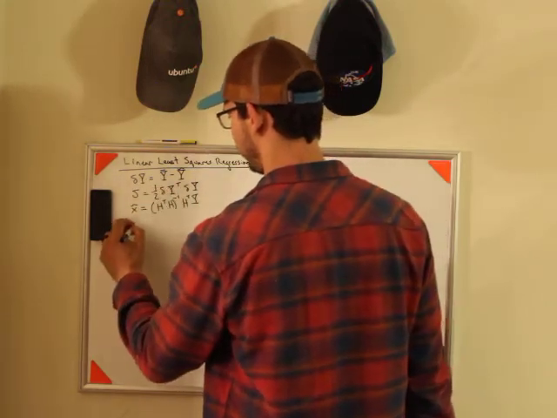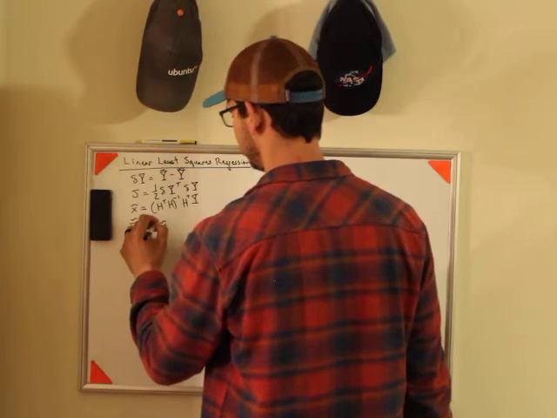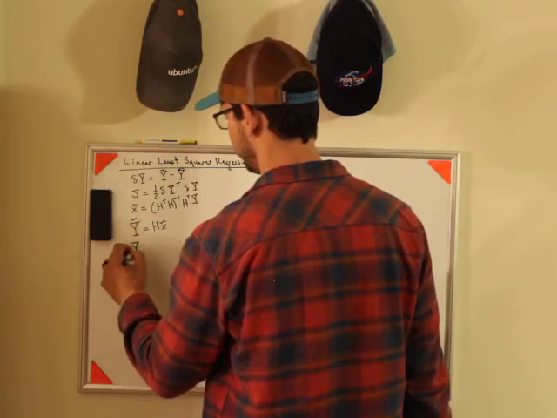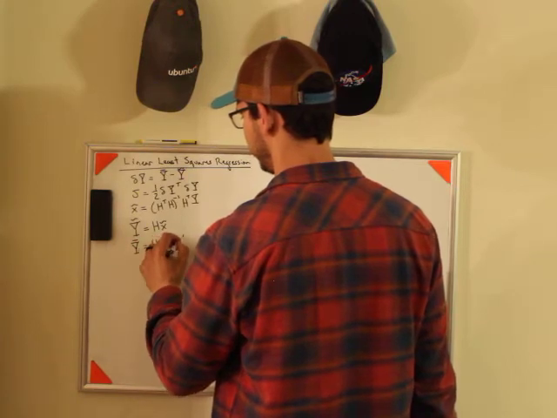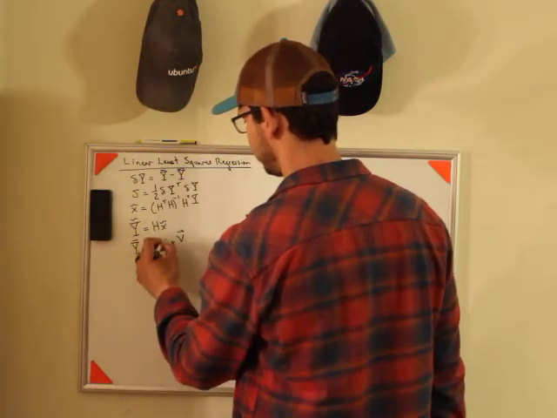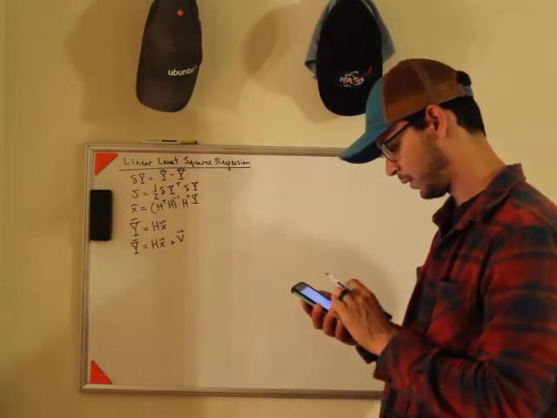We assume that Y tilde is H x tilde, and we assume that our measurement, Y bar, is Hx plus V, where V is our model noise.